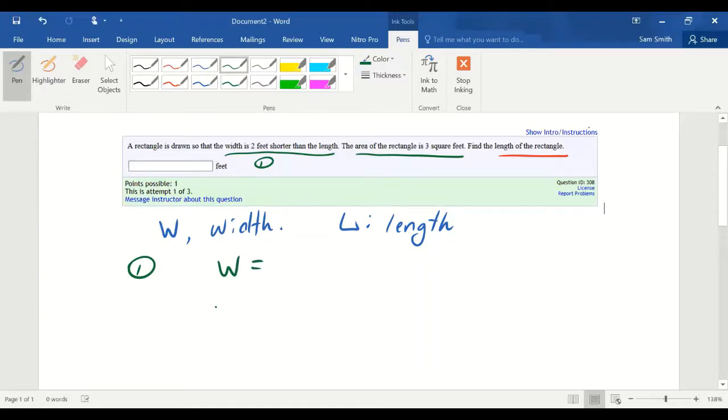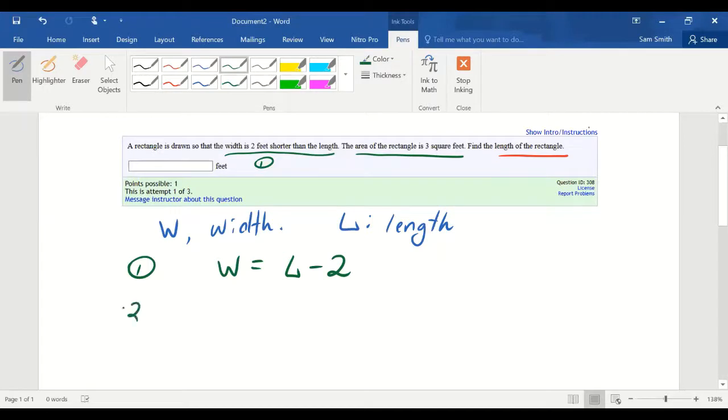The width is 2 feet shorter than the length. What do you think you would put on the right-hand side of this equation to capture that? Well, if the width is 2 feet shorter than the length, then the length has to be decreased by 2 units if I want to get the width from that. The width is 2 smaller than the length.